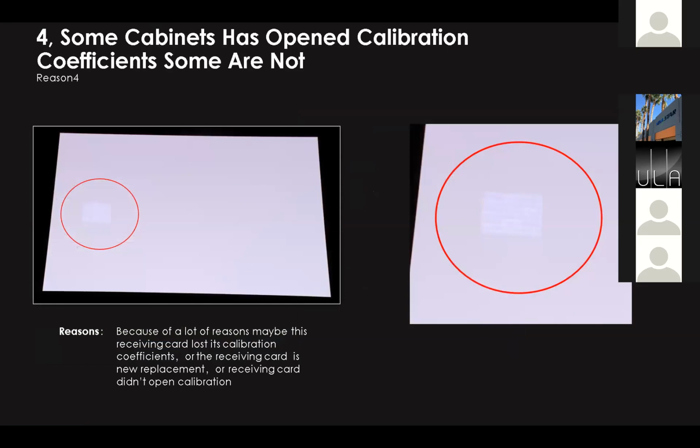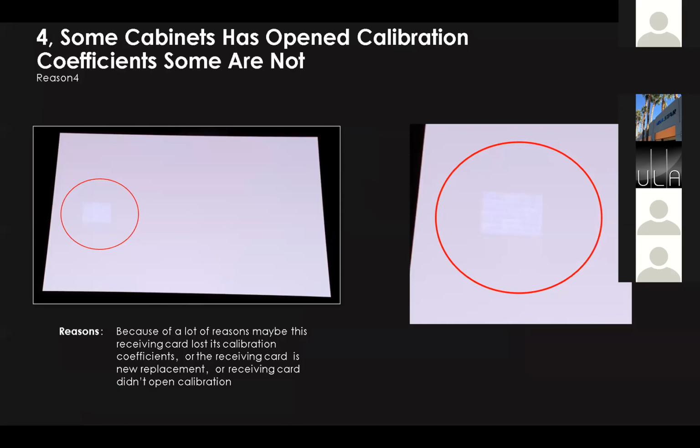And the first reason, some combinations have opened the calibration coefficient, some have not. Do you still remember that the calibration coefficient is saved in the receiving card? So it could be that some of the components enable the calibration effect, some do not.